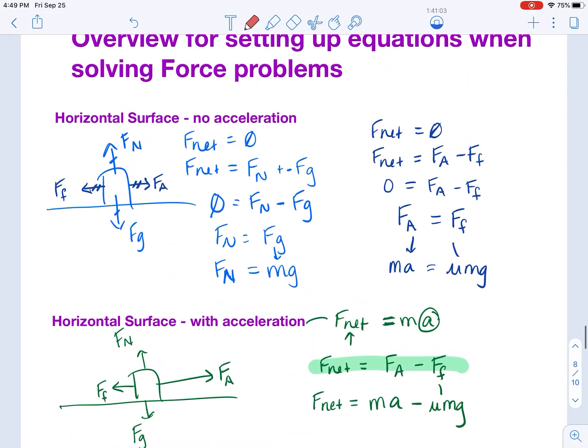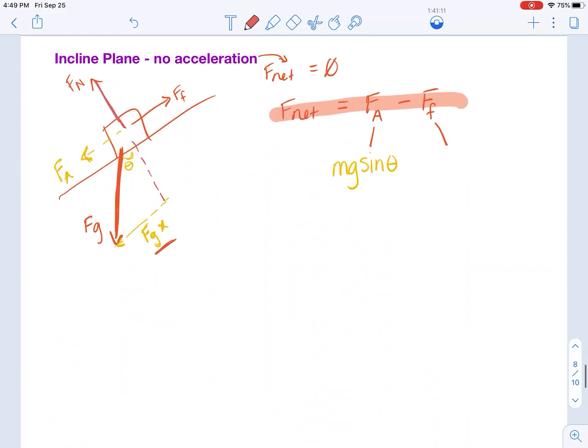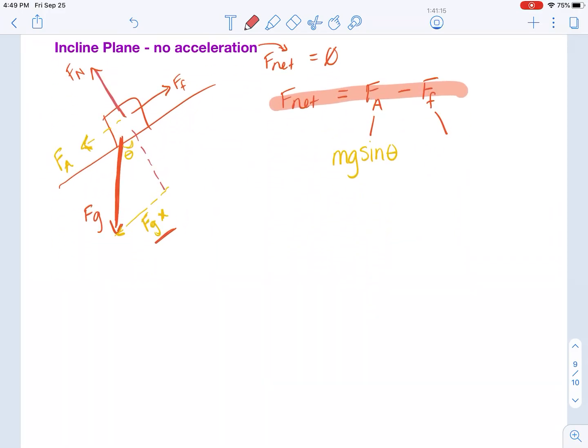So when we said way up here at the beginning that the normal force is equal to the gravitational force, that's why we say F normal, which is what the formula for friction says, can be calculated by using the weight of the object.